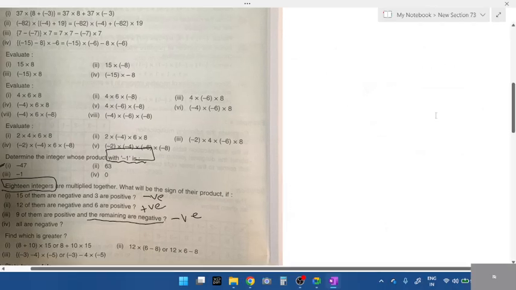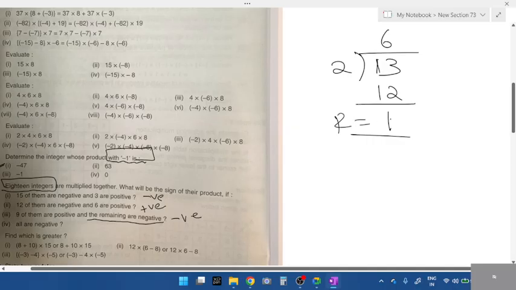If I take 13 and divide by 2, which number is close to 13? 2 6s are 12. What's the remainder we are getting? 1. So the remainder is 1. Therefore, 13 is what, even or odd?